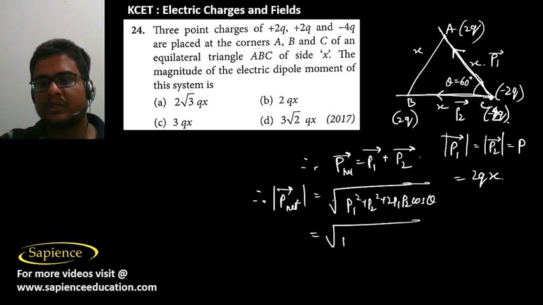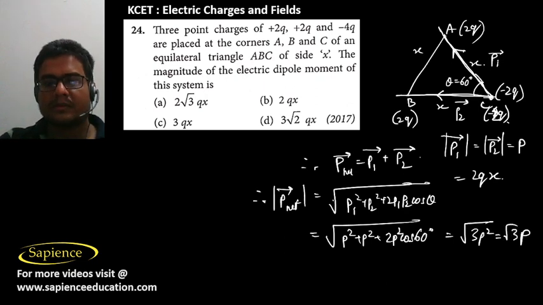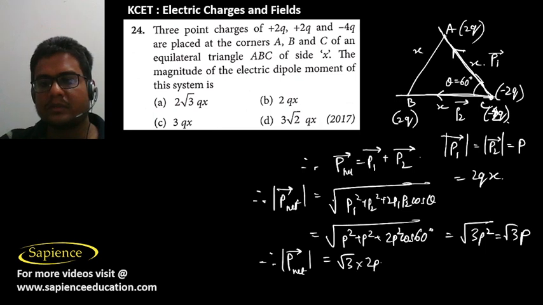P is same, so this is P square plus P square plus 2 P square into cos 60, which is half, so it is 3P square, root 3 P. Therefore the magnitude of the net dipole moment of the system is root 3 into 2QX, that is 2 root 3 QX.